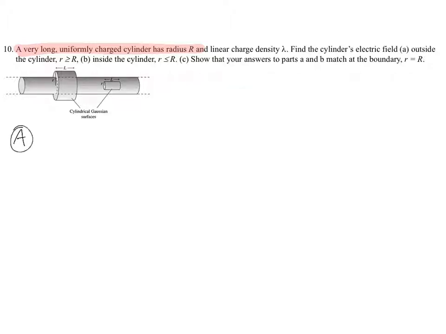So part A involves when that radius is bigger than some larger radius, outside of it, or of the surface itself. And once again, when we do this surface integral, we've seen this before for the last cylinder, we would need to account for field popping out to the left as well as the right, if it's there and if it matters, which it doesn't in this case because it's infinitely long.